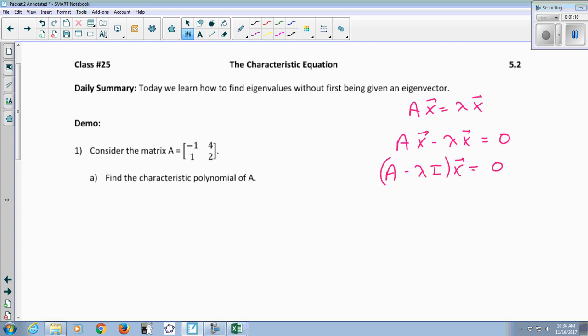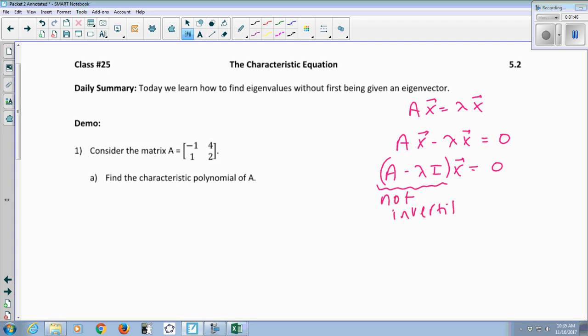But in order for this equation to have a non-trivial solution, where A minus lambda I is just a matrix, and as we studied in the invertible matrix theorem, for there to be an eigenvector X that's not 0, because the definition of eigenvector excludes the 0 vector, the matrix A minus lambda I has to be singular, not invertible.